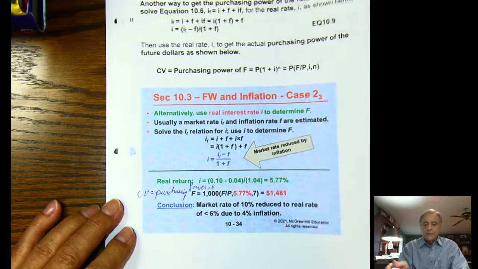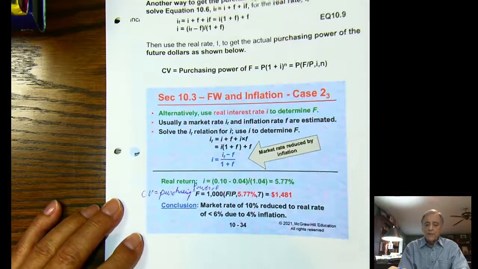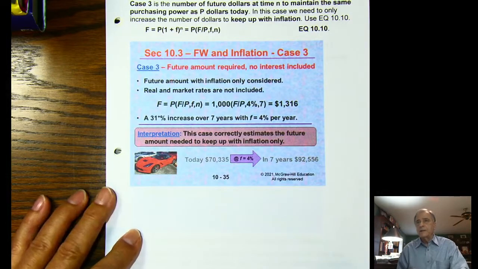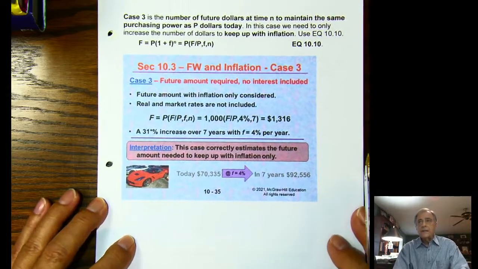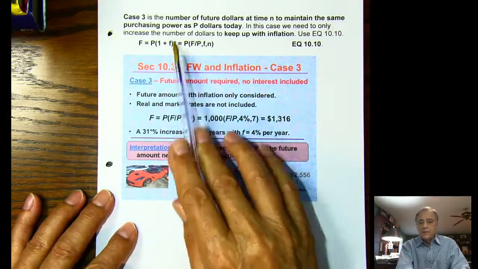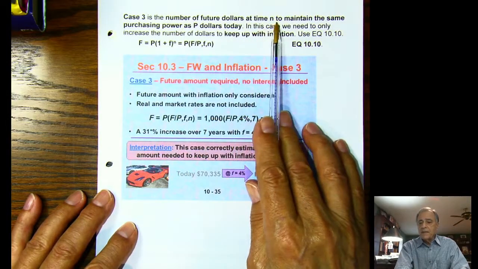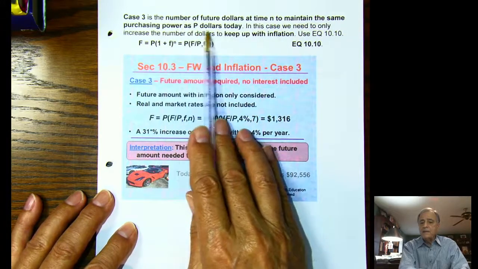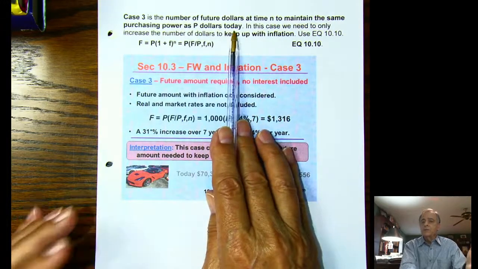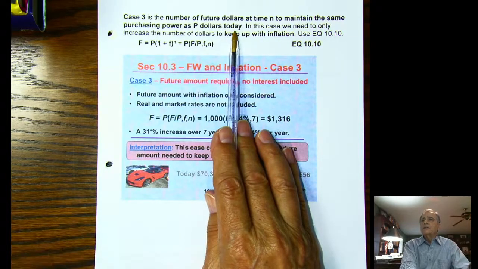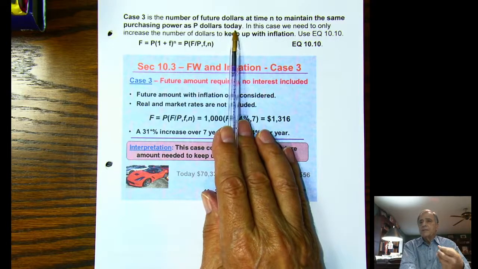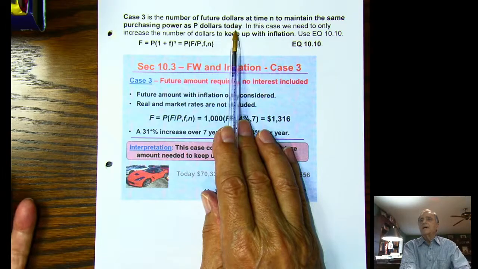Okay, so the third case that the author discusses is the number of future dollars at time n to maintain the same purchasing power as P dollars today. In other words, all you want to do is find the number of dollars that will buy the same number of goods and services as $1,000 will buy now.